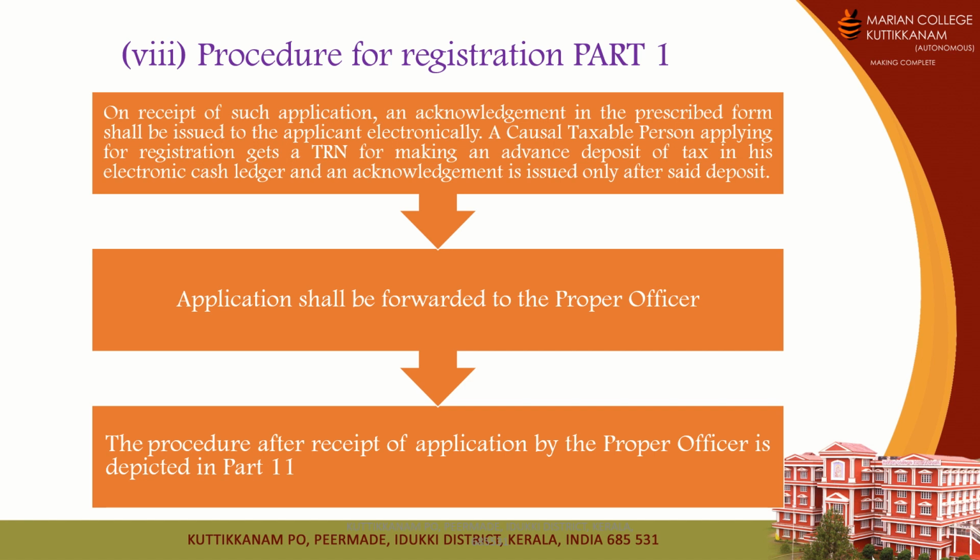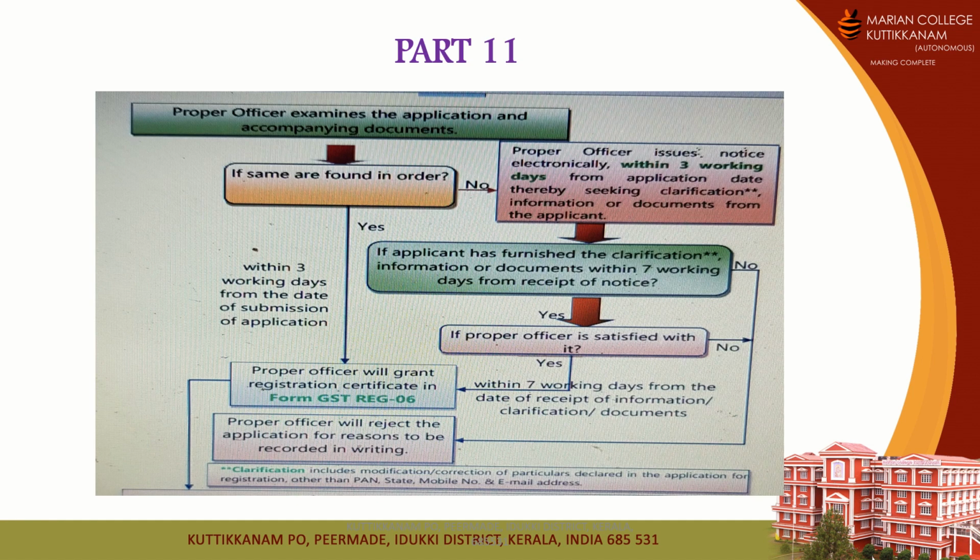The procedure after receipt of the application by the proper officer is depicted in the next slide. I hope this is clear for you. So the first step begins. The proper officer examines the application and accompanying documents, and if all the documents are found to be in order, then the next step follows.